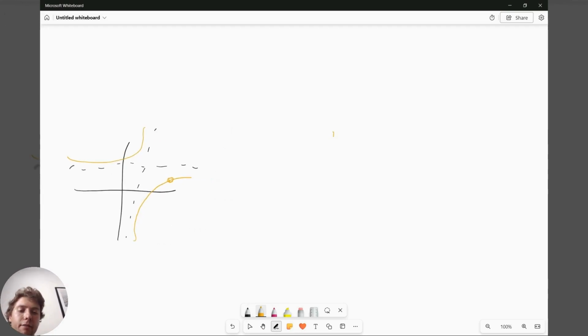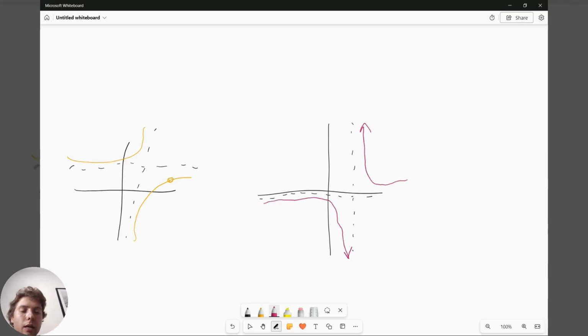If you were to have a different graph, let's talk about the vertical and horizontal asymptotes. If I were to have a vertical asymptote here, I don't really care where my horizontal one is. Maybe it's down here. But what could happen is your graph could go in 2 directions. As you get close to these asymptotes, the ends end up going off towards infinity in the y direction.